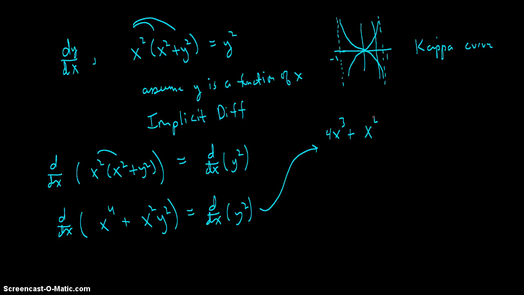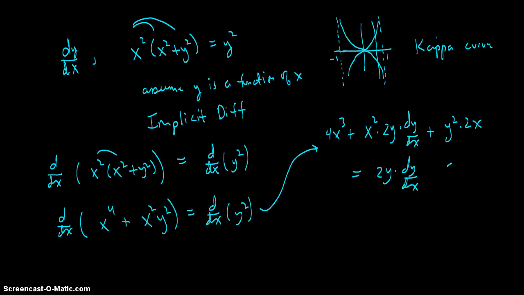First times derivative of second, which uses the chain rule, plus the second times the derivative of the first. And then that equals, on the other side, the derivative of y squared, that requires the chain rule. It's 2y times dy/dx. So we get this wonderful equation here, which basically holds the answer.